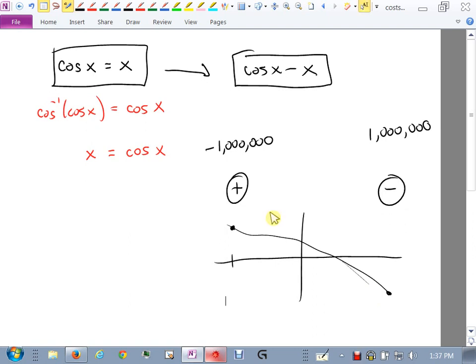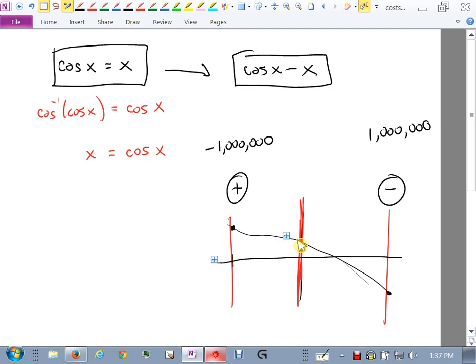So it uses what's called the bisection method. It now cuts that interval in half. So it cuts it here and just looks at each of these windows. So look between negative 1 million and 0. Is there a change in sign? It's positive, and over here it would be what? Positive again?